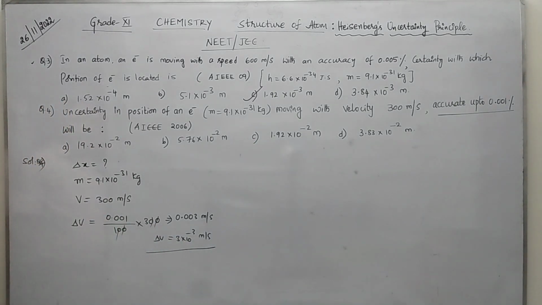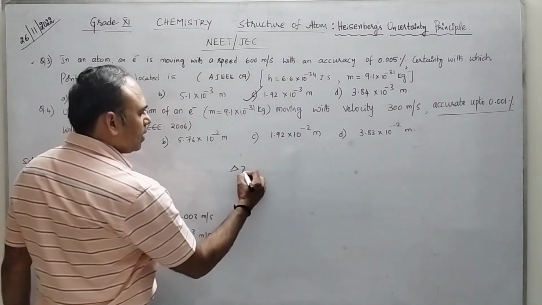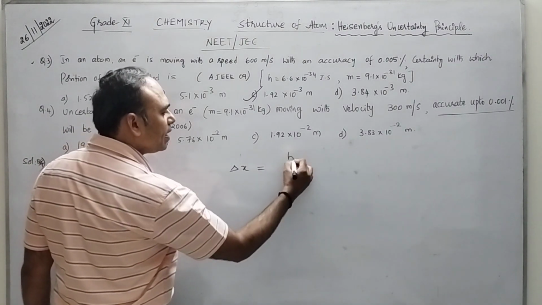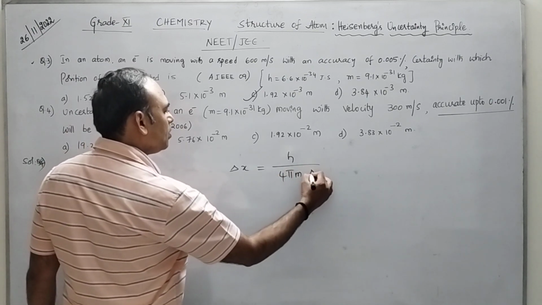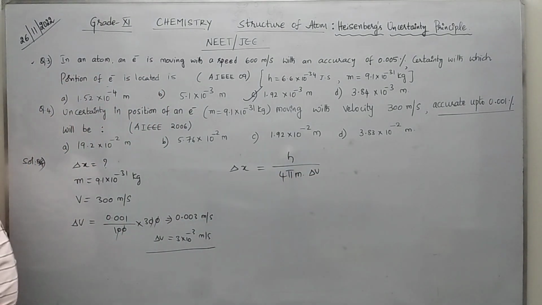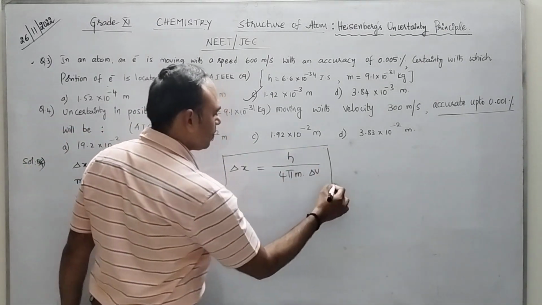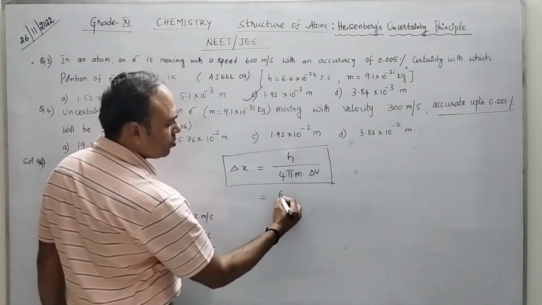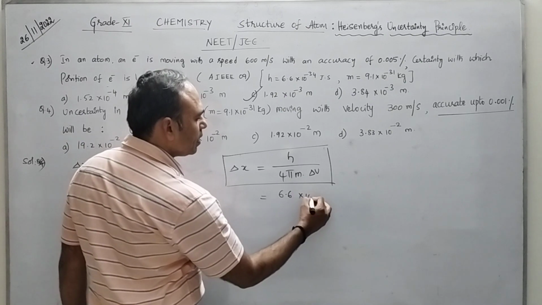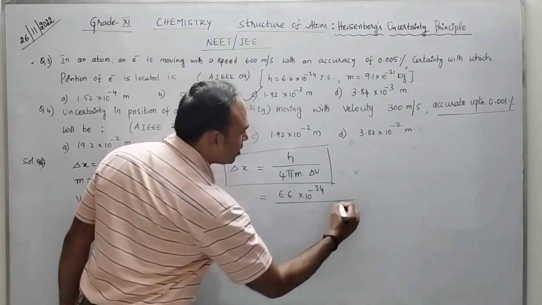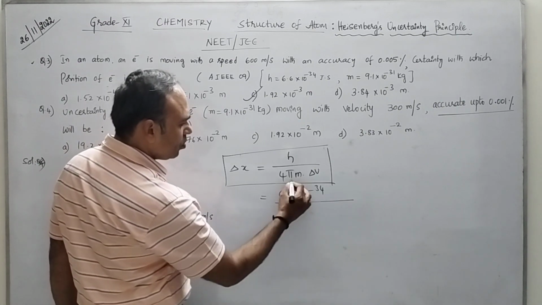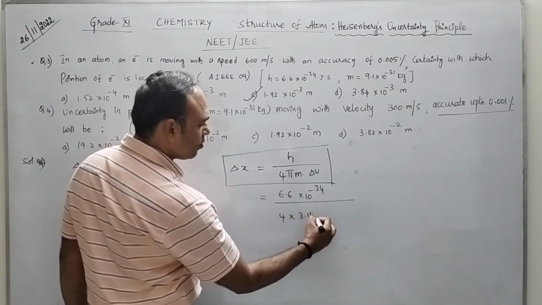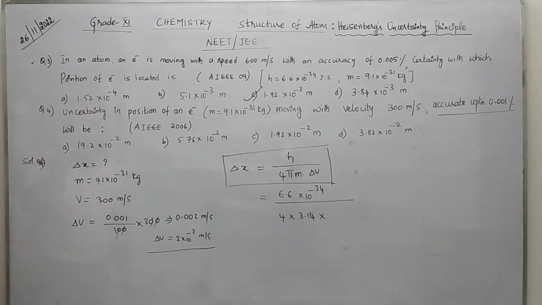Next step. So to calculate delta x, you know the formula. Delta x is equal, directly I'll write, h by 4 pi m into delta v. So this formula directly we can write and substitute 6.6 into 10 to the power of minus 34 joule second, Planck's constant, divided by 4 into pi value 3.14 and the mass.